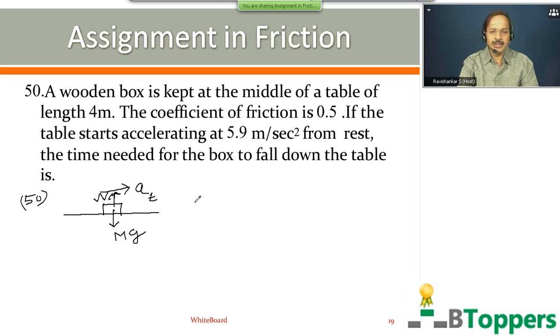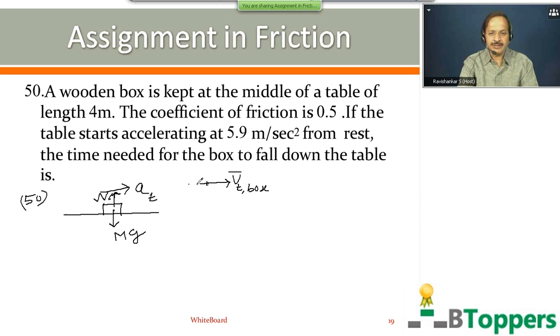So here the table is moving towards right relative to the box. So the velocity of the table with respect to the box is directed towards right.